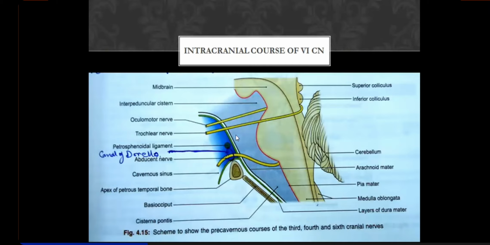So hindbrain and the lower portion of the midbrain is a content of posterior cranial fossa, also called infratentorial compartment.